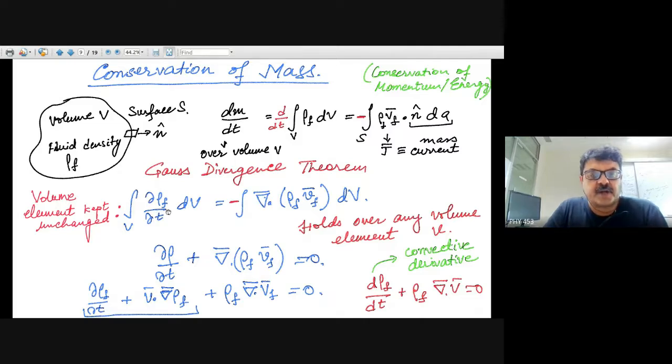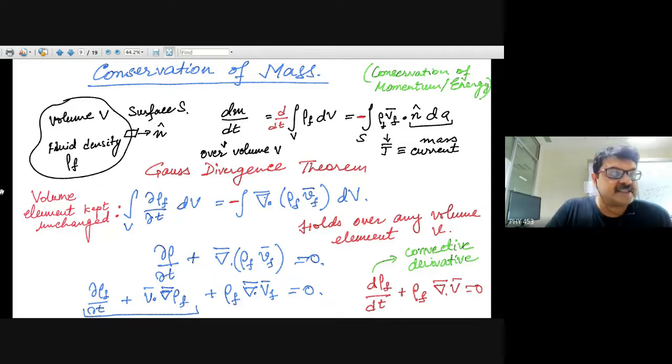So we have del rho f by del t integrated over dV, the volume. By Gauss's divergence theorem, which you must have learned in your first and second year, this surface integral can be written as a volume integral like this. Now this equation holds over any element of volume.